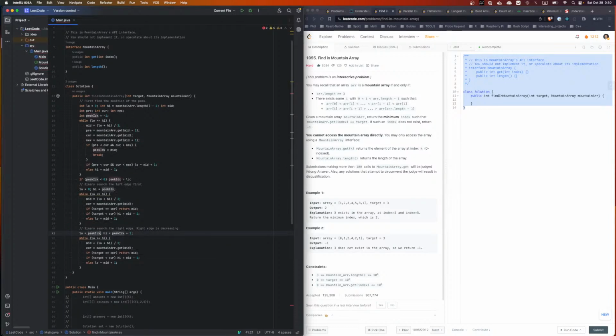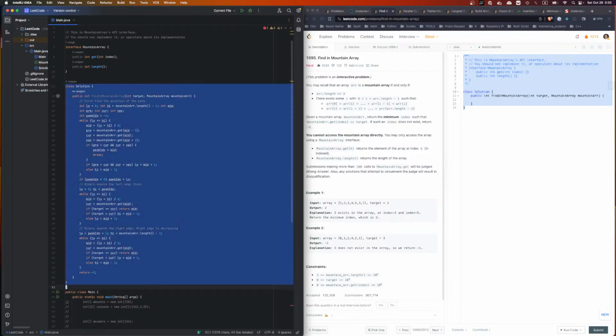I'd rather go this. It's easier for me to visualize the whole thing. Okay, and this will still be low smaller equal to high. Okay, and now I say, if target is smaller than current, so it's on the right hand side, so it should be low equal to mid plus 1, right? And this will be high equal to mid minus 1. And again, minus 1.